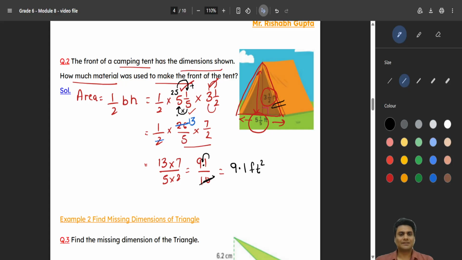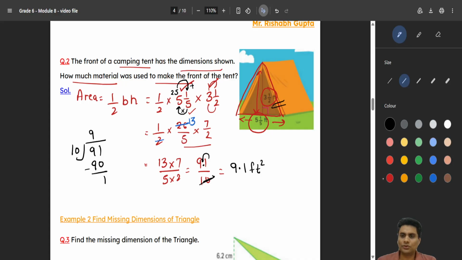If you want to write the answer as a mixed number, then you can divide them. See, 91 divided by 10. 10 times how much will give you close to 91? 10 times 9 is 90, which is the closest number to 91 in the table of 10. Now do minus. 91 minus 90 will give you 1. You can stop here. Why? Because there is no number to bring down.